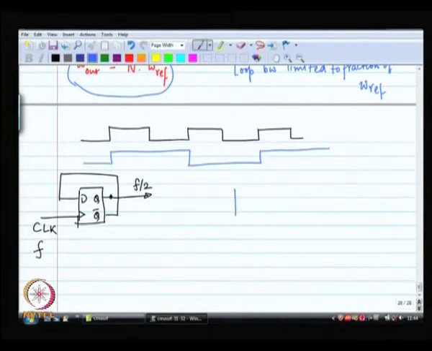So, let us say I have a register, I am just drawing a very crude circuit, this is not how it is done, okay. But anyway, I am still drawing it.